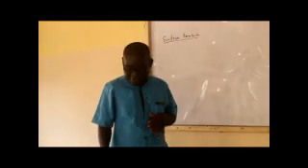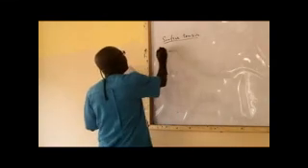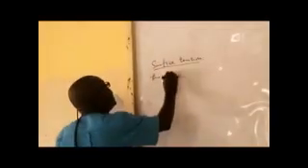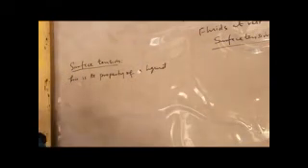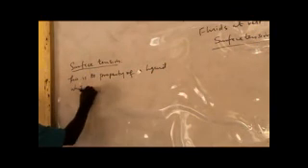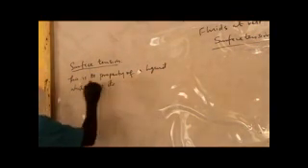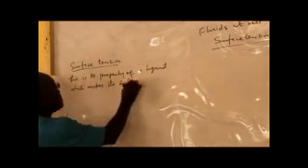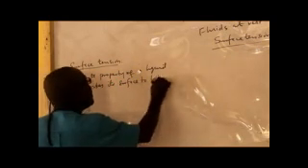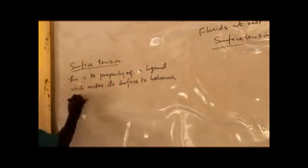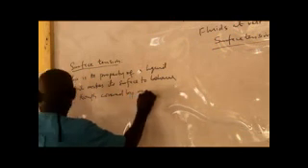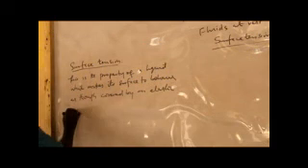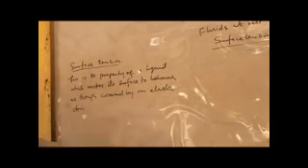Surface tension is the property of a liquid which makes its surface behave as though covered by an elastic skin. So this is the complete definition.